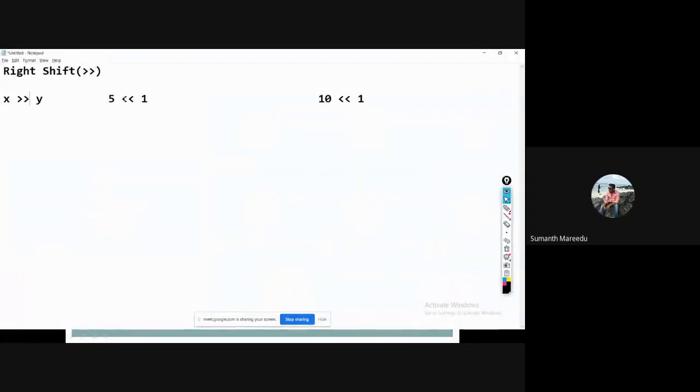Now we'll see a right shift operation. Convert 5 to binary, which is 101.